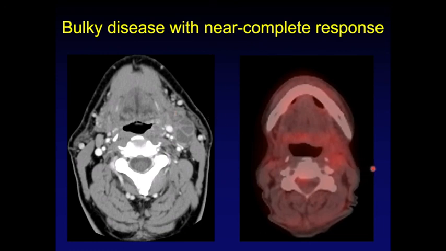That's actually a good sign, and the literature suggests that these patients have a very high likelihood of being completely cured to the point where these should be called NI-RADS 2 lesions when you have bulky disease that has a near complete response. A complete response would get you to NI-RADS 1, but a near complete response should be a NI-RADS 2. It's not that suspicious.